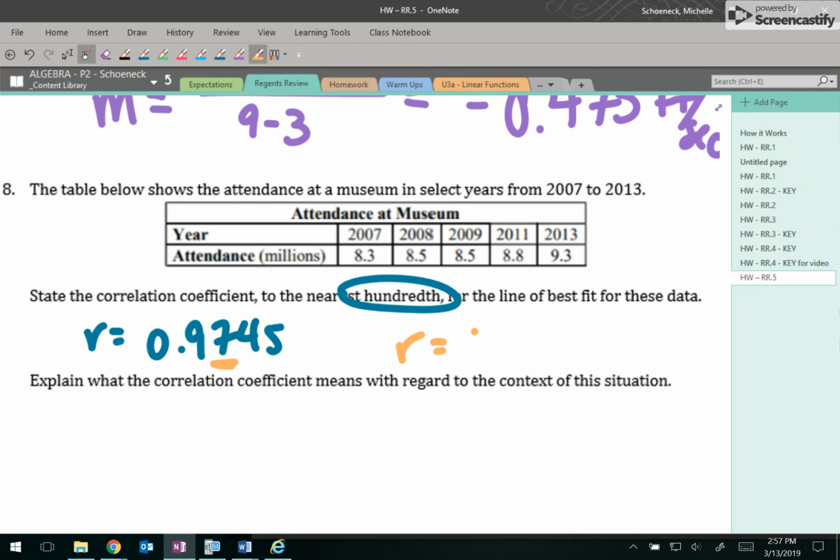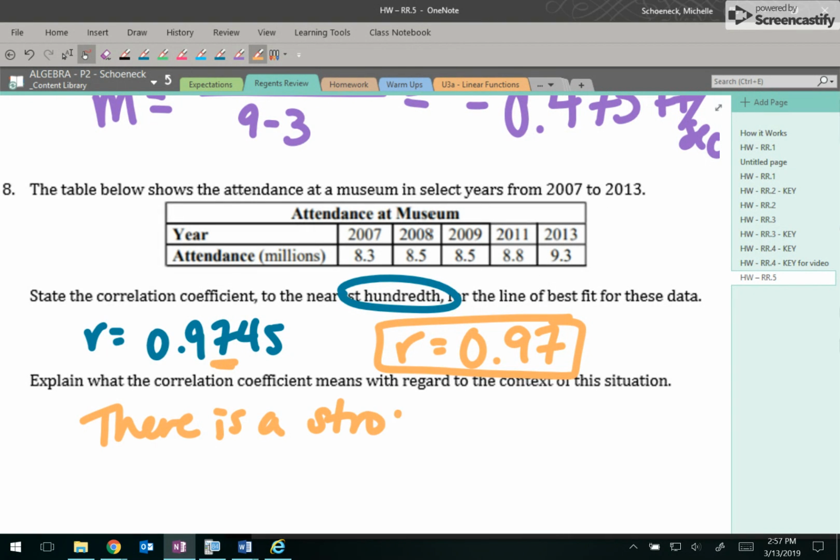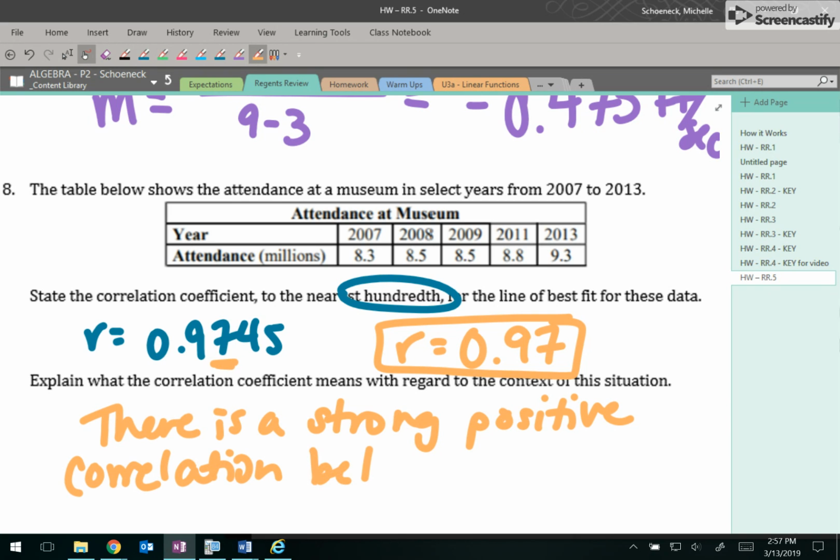So R equals 0.97 would be the correct answer. Explain what the correlation coefficient means with regard to the context. So there is a strong positive correlation between years and attendance.